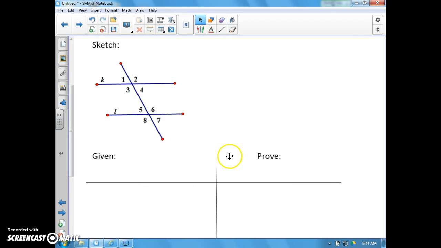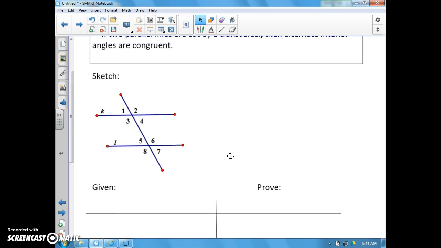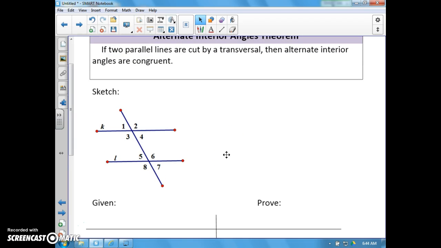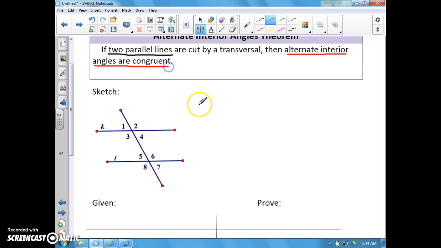And I need to figure out what my given and my prove are going to be. So if two lines are cut by a transversal, so two parallel lines, that is definitely going to be my given, that we have two parallel lines. And my prove will be alternate interior angles are congruent. So let's take a moment to fill that in on this chart.